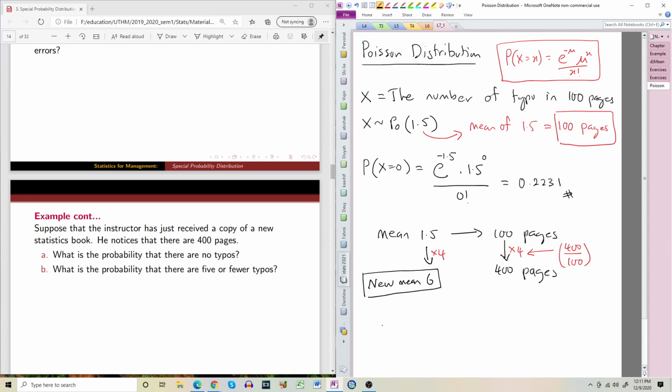Now based on this new mean, we are going to answer the next question. Remember, if 100 pages, you have to use 1.5. If the space or the condition is different, now the condition is in 400 pages, you have to change the mean accordingly. So the new mean is now 6.